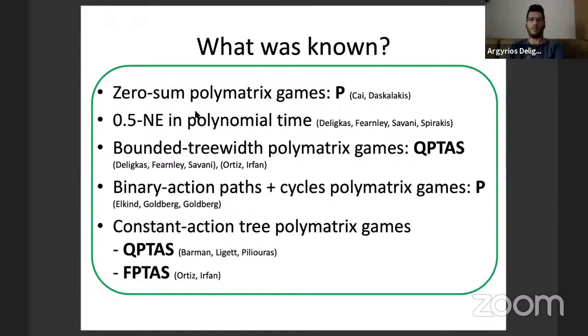Okay, I can tell you that our knowledge for positive results is rather limited. The only actual polynomial time algorithms are by Elkind, Goldberg, and Goldberg, where the graphs are very simple: it's either binary action paths, so we have only one line and every player has 2 actions, or a cycle where again every player has 2 actions.